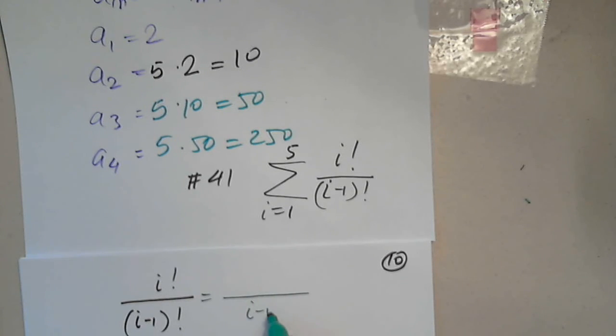So I will not change i minus 1, but I will change i factorial into i times i minus 1 factorial.